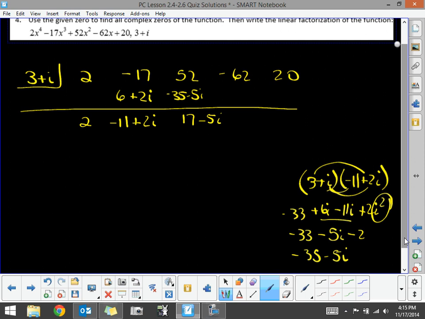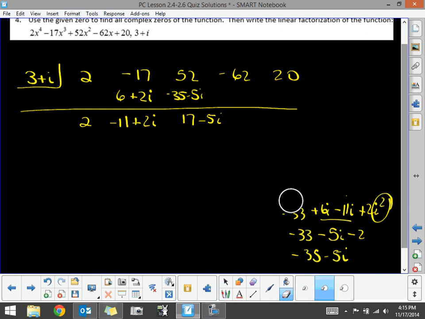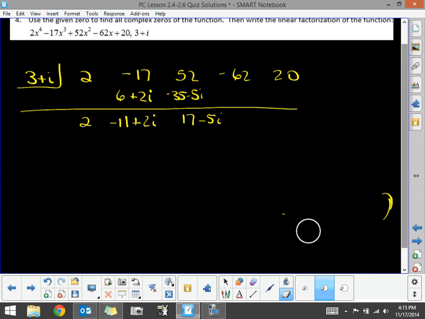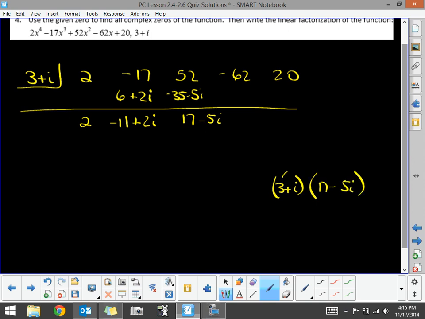So now I have to take that 17 minus 5i and multiply it times our 3 plus i. I'm going to do that scratch work over here. So it's 3 plus i times 17 minus 5i. 3 times 17 is 51, and 3 times a negative 5 is negative 15i, and i times 17 is a positive 17i, and then a negative times positive, so that's a negative 5i squared.